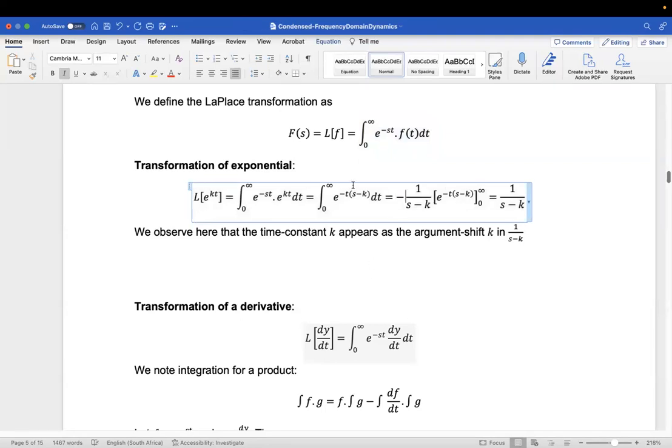So let's add that in, because this integration, the constant is minus s minus k. So when we apply the 0 in here, we get a 1, and it's in the lower limit. So it's minus that lower limit. And so we are just left with 1 over s minus k. So we can see for an exponential, the constant, the time constant there appears in the transformation as an argument shift of the s. So that's the transformation of an exponential.